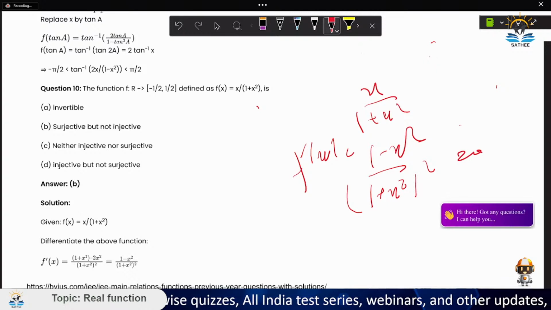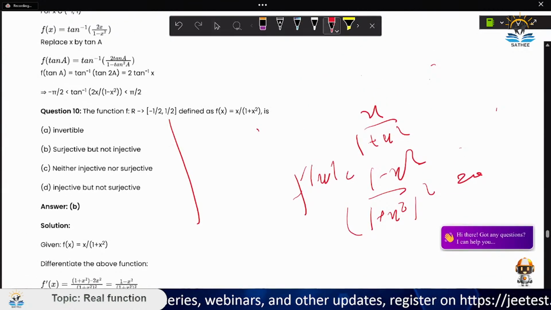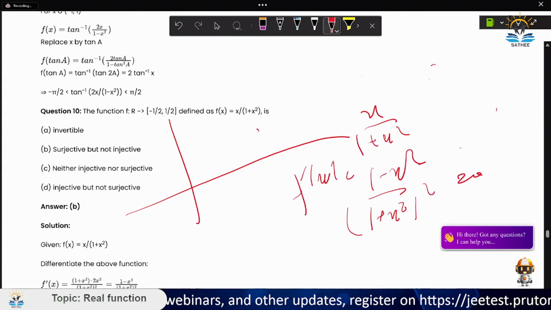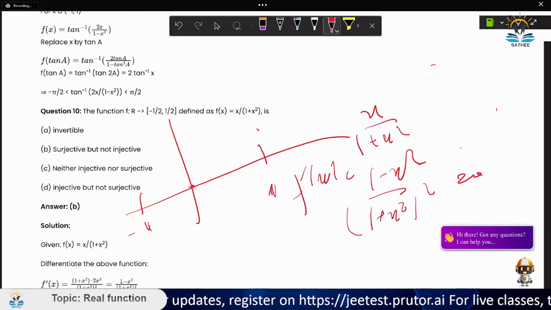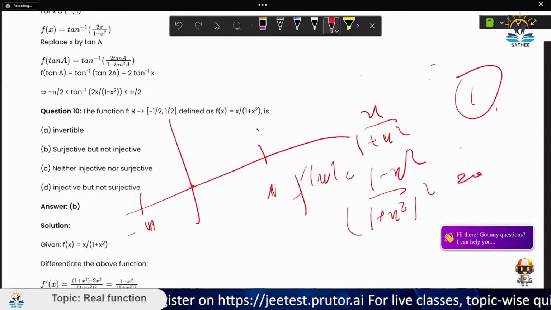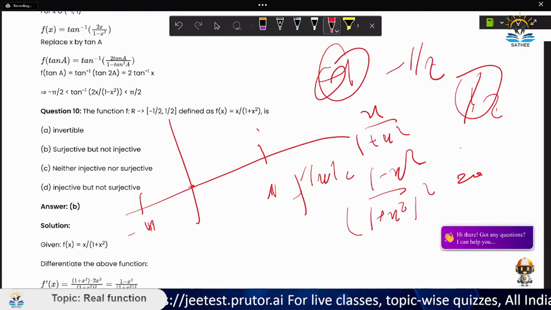The differentiation would go to zero at x equal to 1 and x equal to minus 1. So there is a maxima and minima there. And x equal to 0 is 0. So minus 1 and 1. So at 1, what I get is 1, and at minus 1, oh, sorry, I get 1 by 2. At minus 1, I get minus 1 by 2.